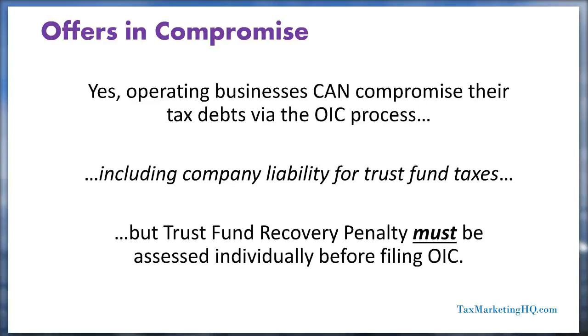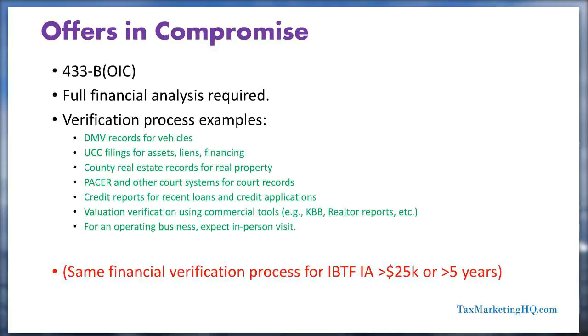So the business can file an offer in compromise and pay just a fraction of the actual liability on their side. But obviously the trust fund still needs to be addressed, and someone's going to be on the hook for it. You would use the 433B OIC version, not the regular 433B. The 433B OIC is inside the offer and compromise 656 booklet.